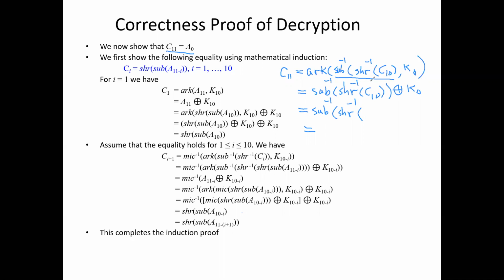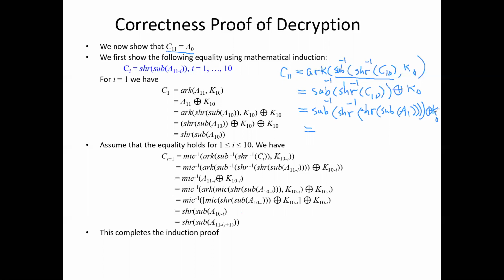And then this is sub inverse, shift inverse, I'm sorry, C10 is equal to shift rows, and then substitute bytes, and then this is A1, 1, 2, 3, exclusive or K0.